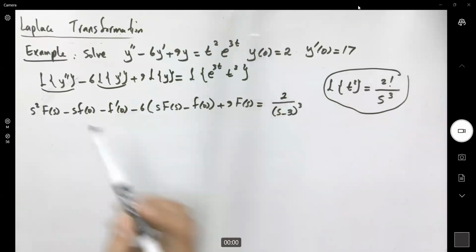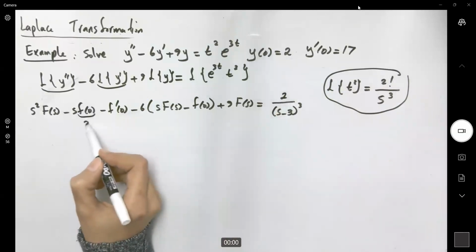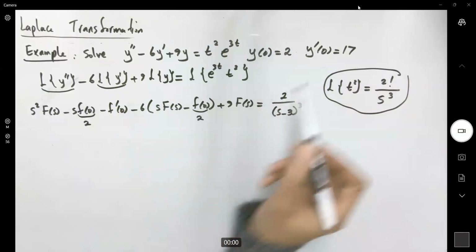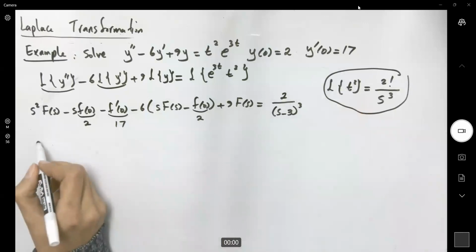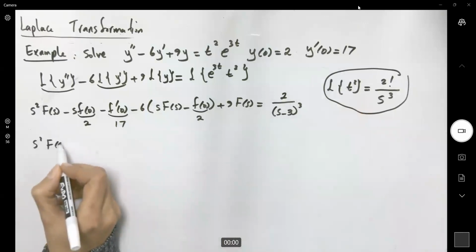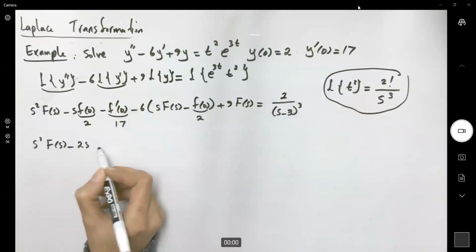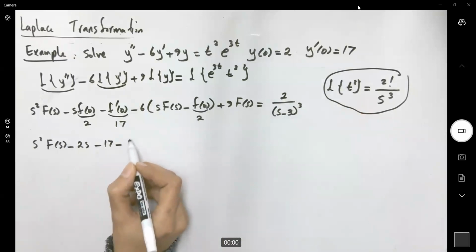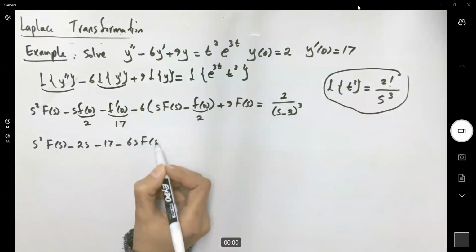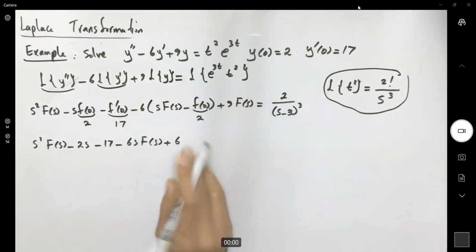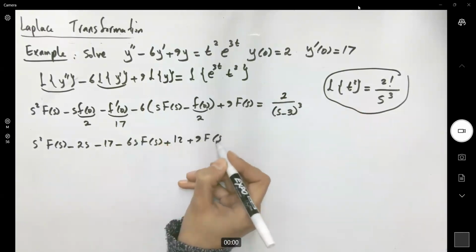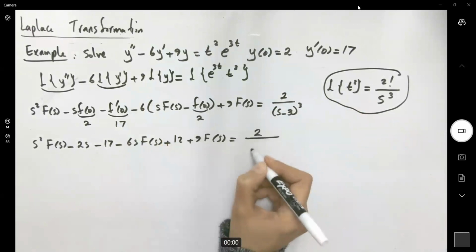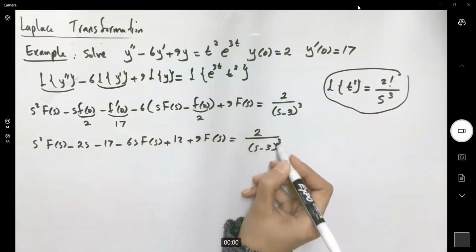y(0) is equal to 2, so this is just 2, and y'(0) is 17. We have s squared F(s) minus 2s minus 17 minus 6s F(s) plus 6 times 2, which is just 12, plus 9 F(s) equals 2 divided by (s minus 3) to the third.